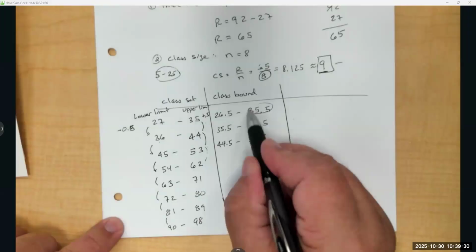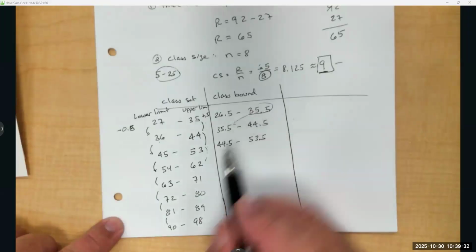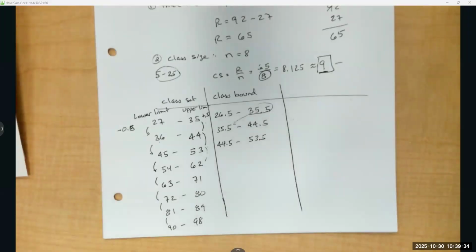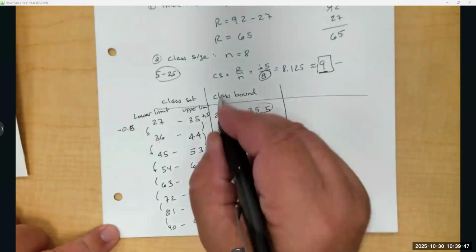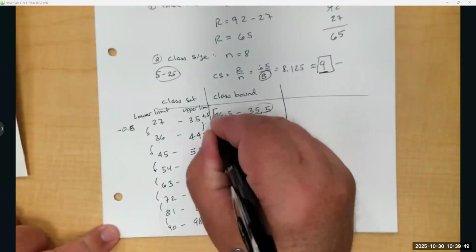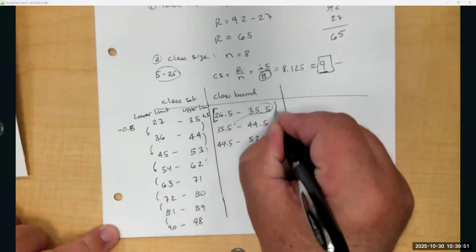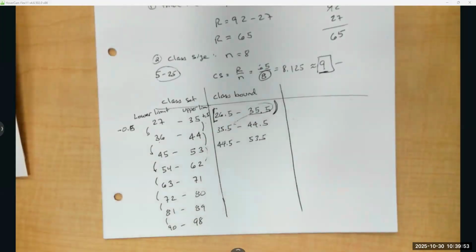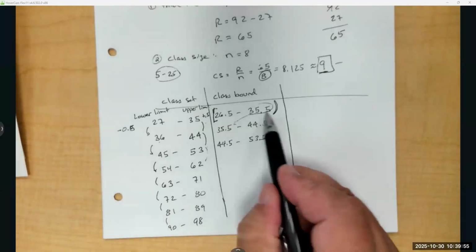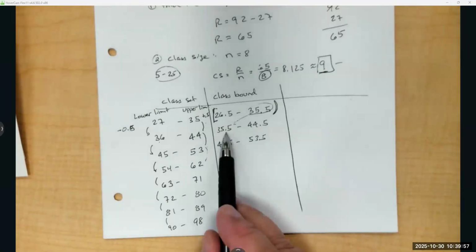The upper bound of this class is the lower bound of that one. We do that so there's no overlapping, but if any numbers fall in there, we know where it goes. The data set has to begin from the smallest and it goes up to the highest. So if we had 35.5, it would belong to the second set.